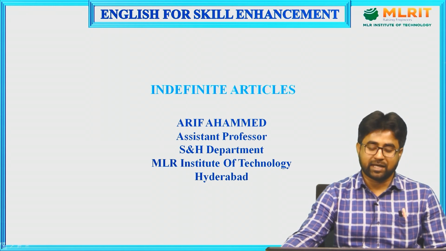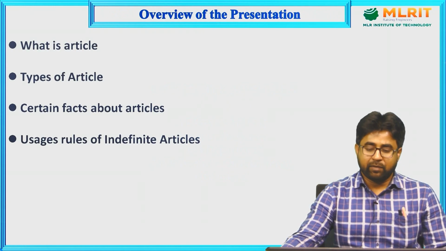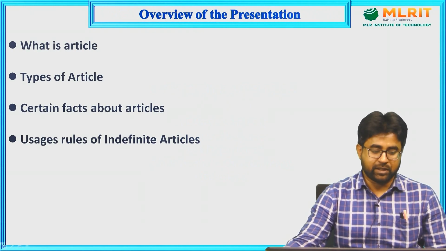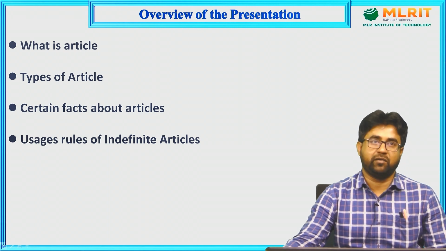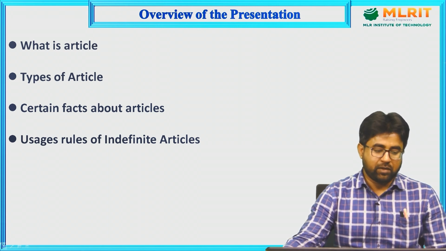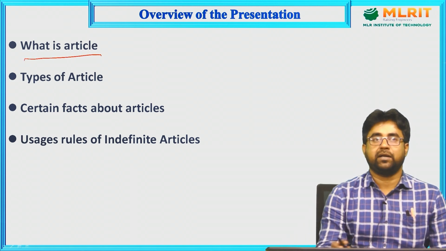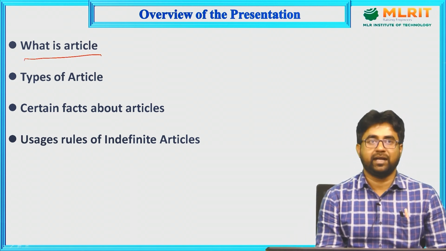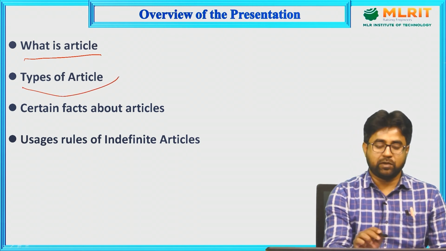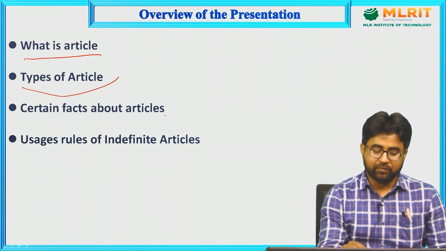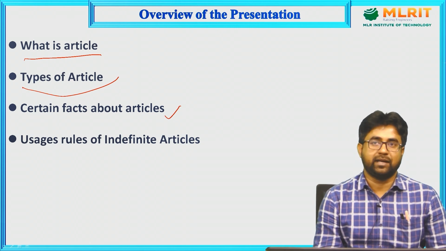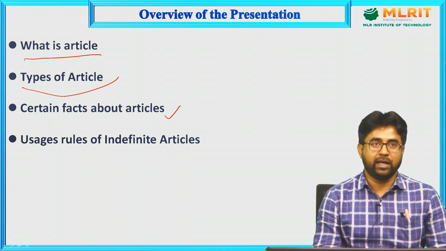Before starting the topic, let me give a brief overview of my presentation today, like what are the aspects that I am going to cover. The first part is what is an article. In this part we would be talking about the definition of article and then types of article. Then there are certain important facts about articles in general that we have to keep in our mind.